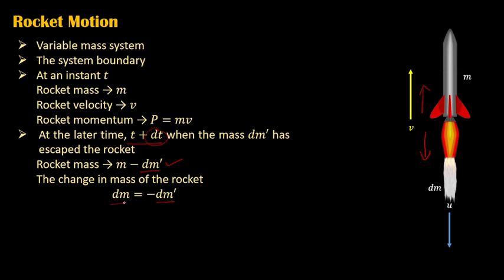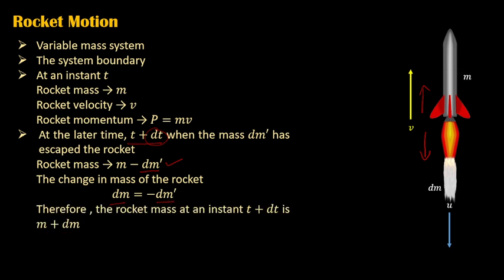So the change in mass of the rocket will be the negative of the mass of the hot gases. The rocket mass at an instant t plus dt will now be m plus dm. We replace minus dm dash by dm, and we get m plus dm as the mass of the rocket at an instant t plus dt.